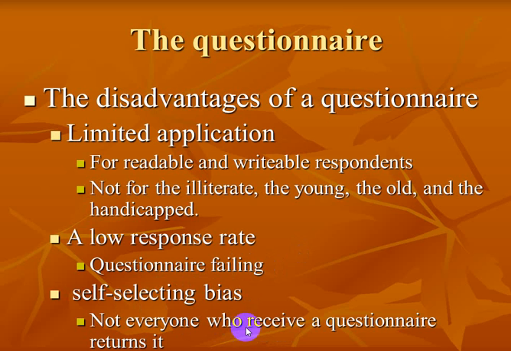Not everyone who receives a questionnaire returns it. That is the problem. So as a new researcher, you have to think about the disadvantages of using questionnaire. Sometimes you use questionnaire, sometimes you use observation or worksheet, sometimes you have to use interview.